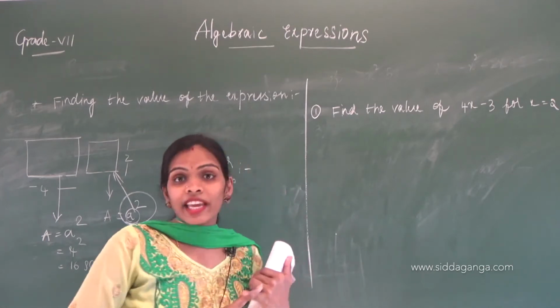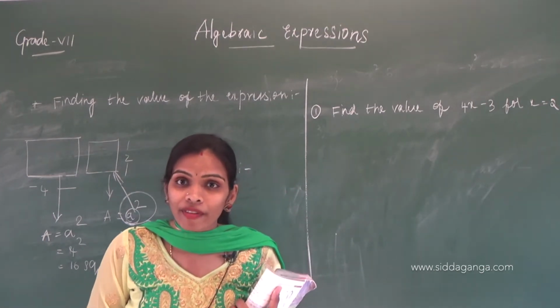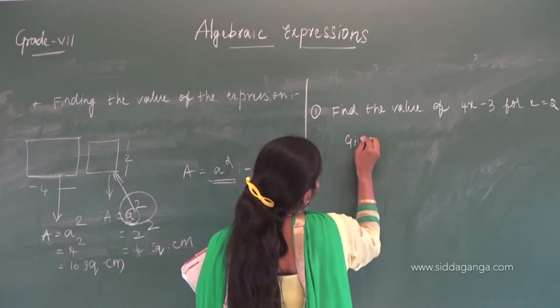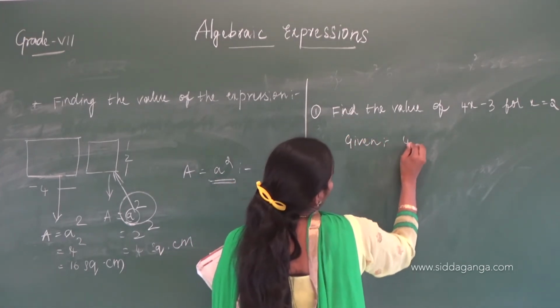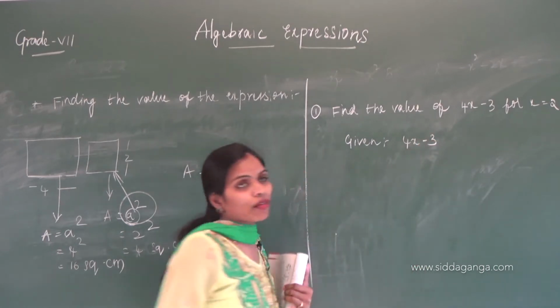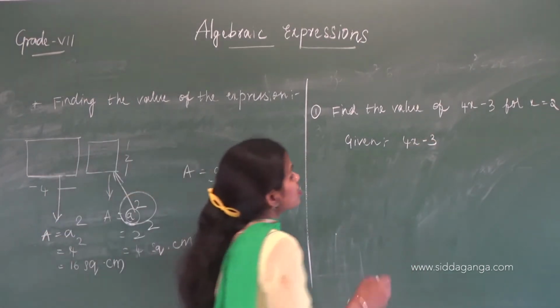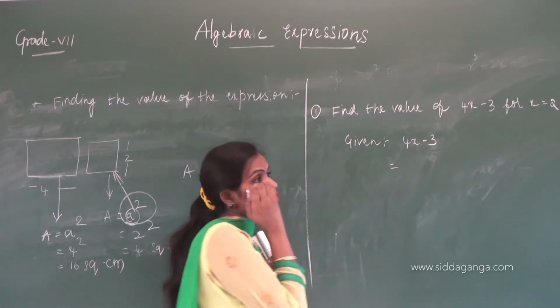Here they are giving one expression. What is the algebraic expression they have given? 4x minus 3. We just have to substitute the value.